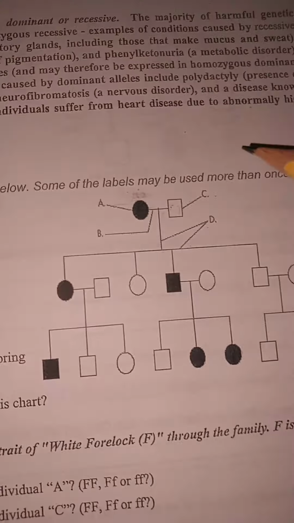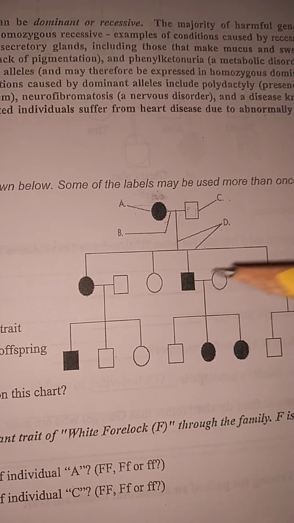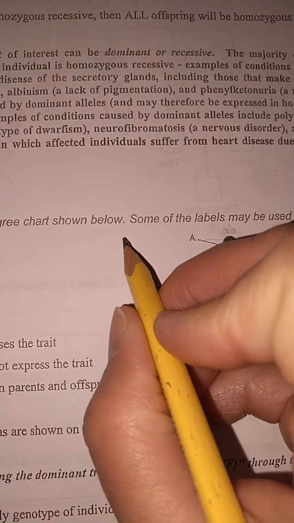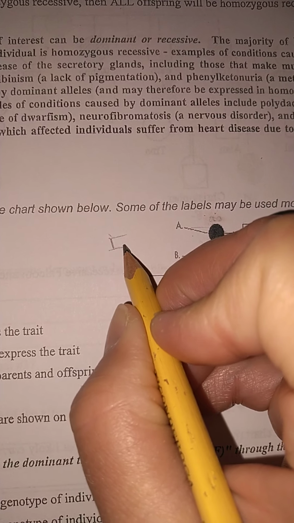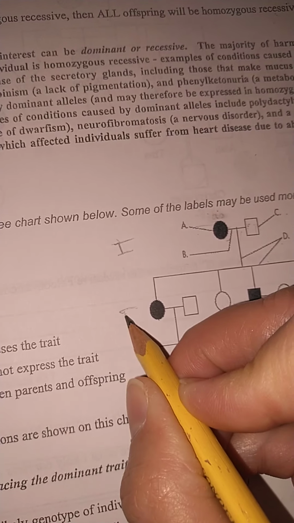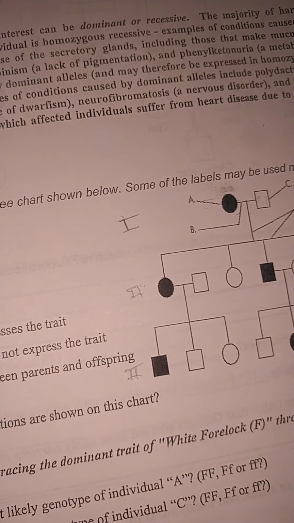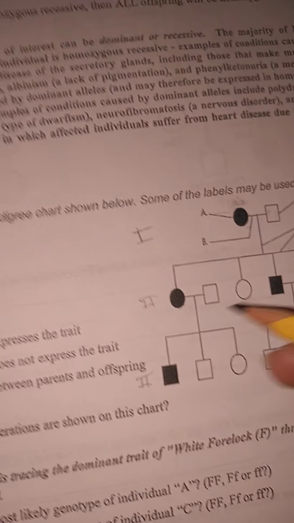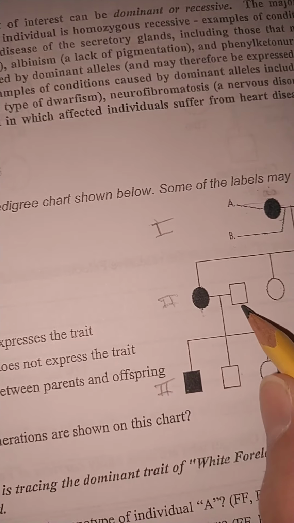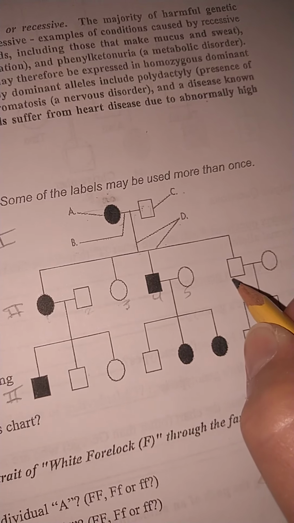So how many generations are shown in this chart? We have 1, 2, 3: parents, their children, and then their grandchildren. And a lot of times you'll see those labeled as generation 1 with a Roman numeral, and then generation 2 and generation 3. And then the individuals might be numbered 1, 2, 3, 4, 5, 6, 7.